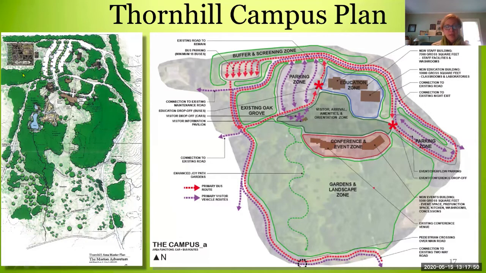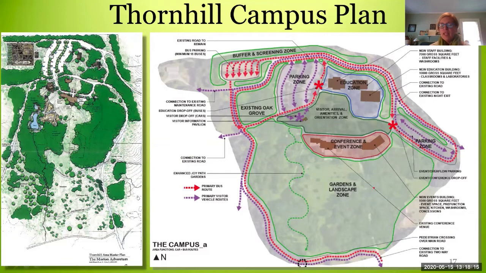This was the master site plan from 1999. We decided before we replaced those buildings and put in a new building, the education support building, we needed to really take a look at the Thornhill campus a little bit more closely. So we went through a planning exercise to determine how we could create a new campus on the Thornhill end of our grounds.